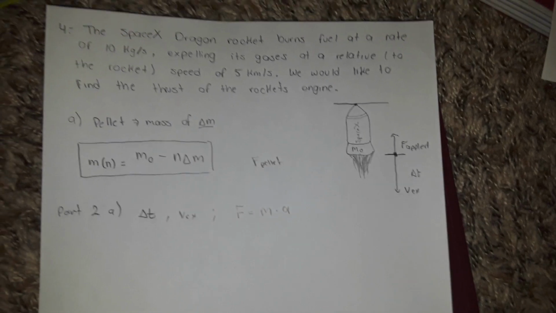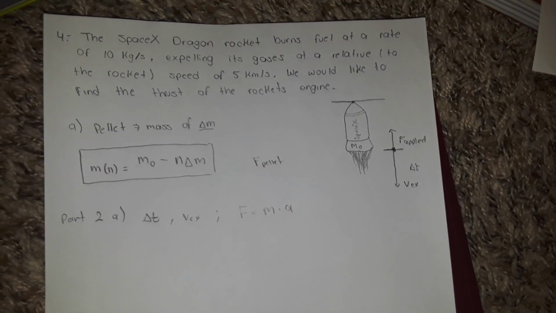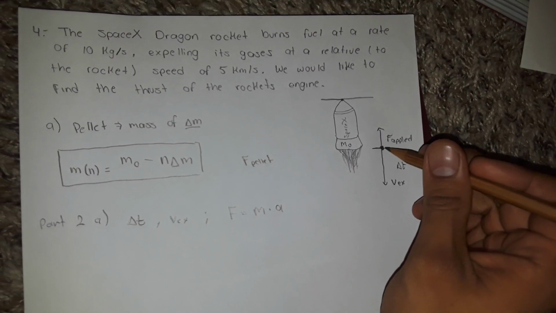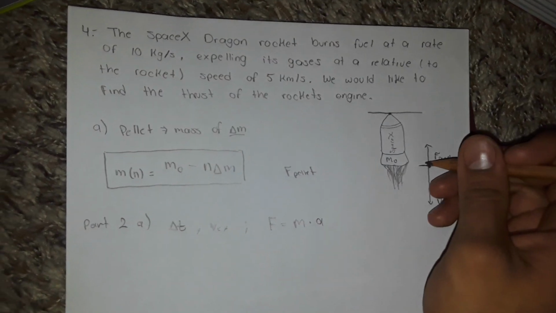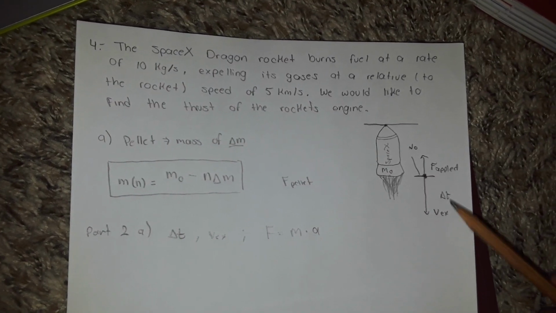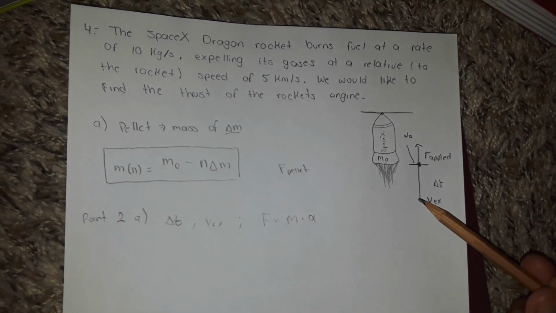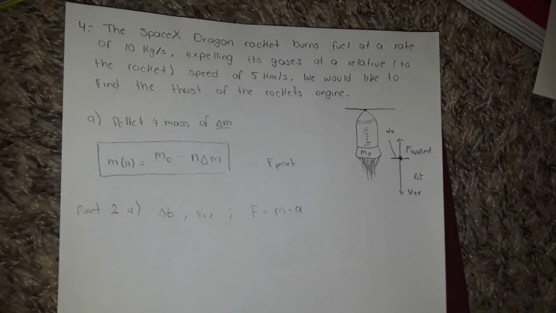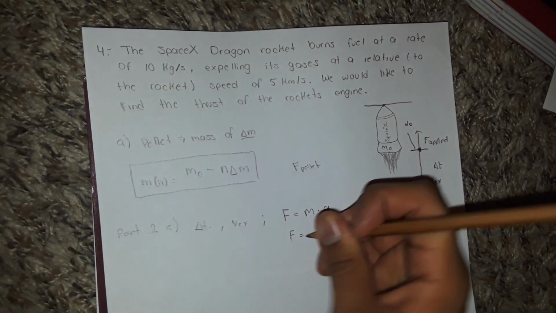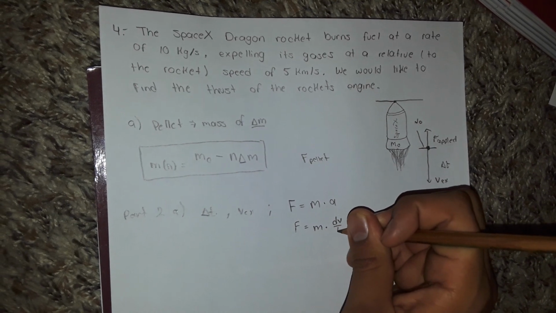We have to think that the pellet had an initial velocity of 0. It was at rest, and then its final velocity was Vx.